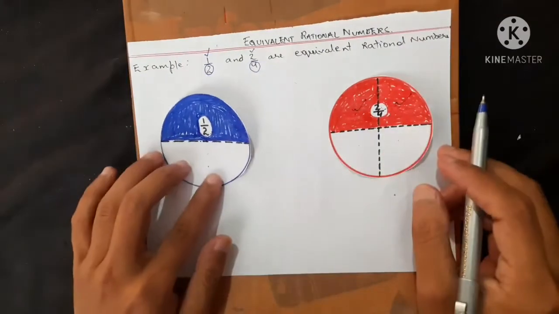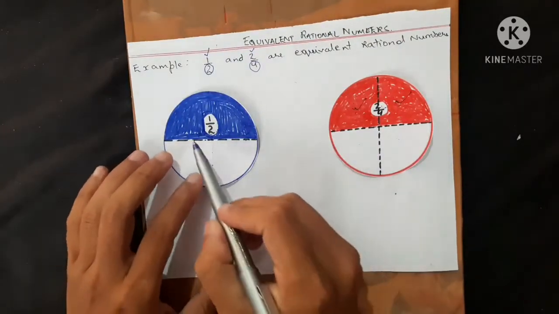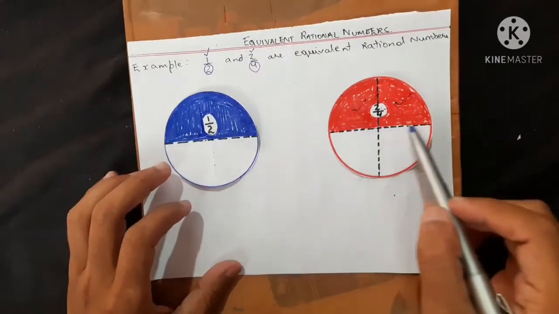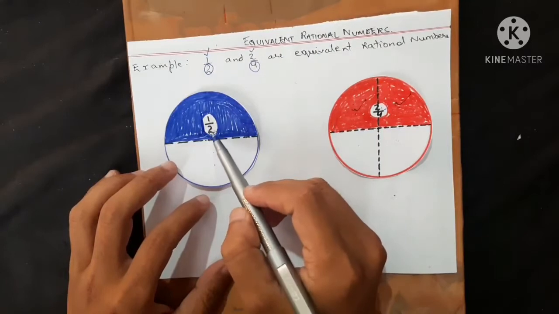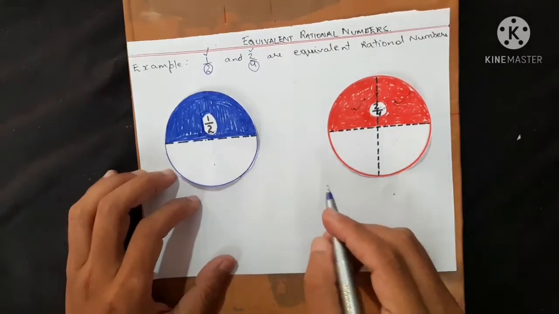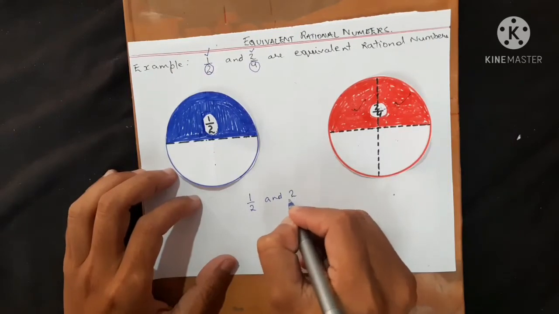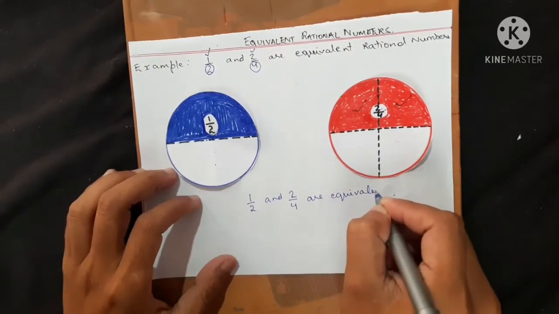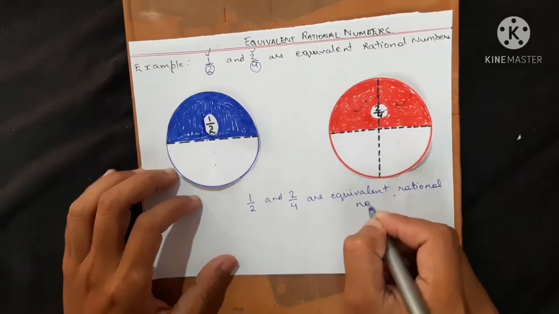When we look at these two circles, what do we see? We see that the size of this section is the same as this section. The sizes are equal. So 1 by 2 and 2 by 4 are the same thing, or we can say that 1 by 2 and 2 by 4 are equivalent rational numbers.